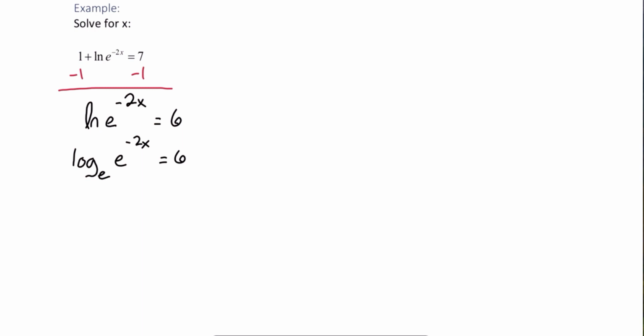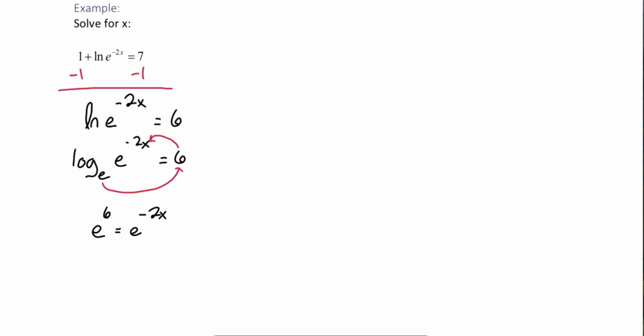Now we'll convert this logarithmic equation into exponential form. To do that, we take the base of the log, raise it to the 6th power, and set that equal to the argument on the log. So e raised to the 6th power equals e to the negative 2x.